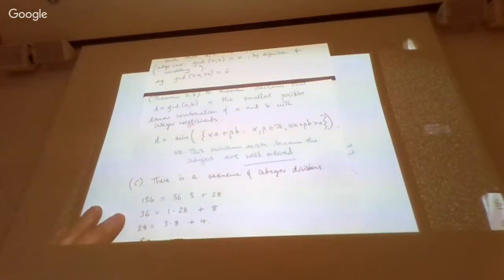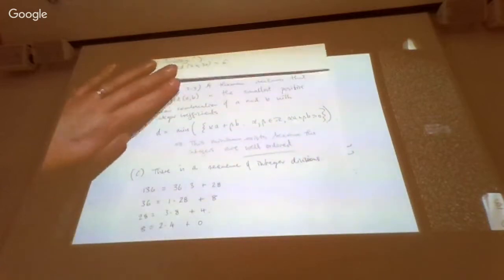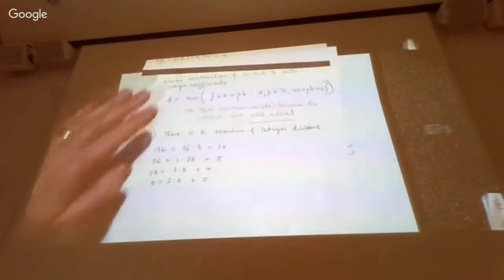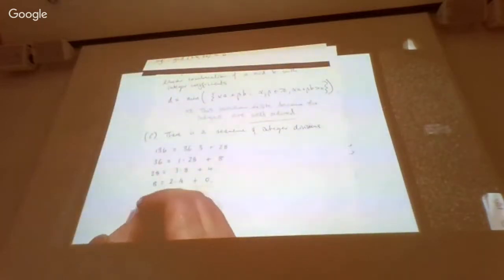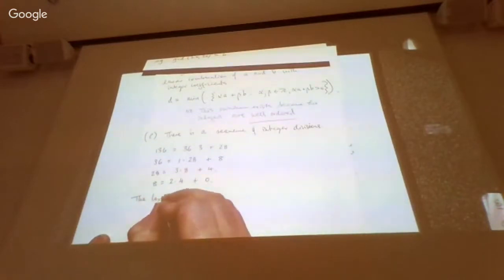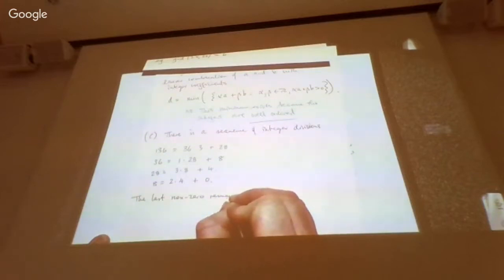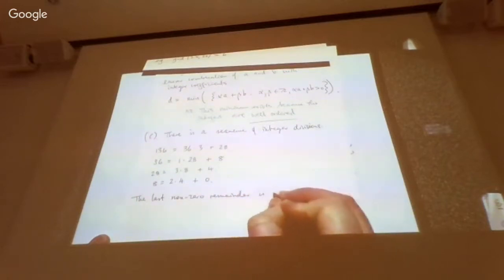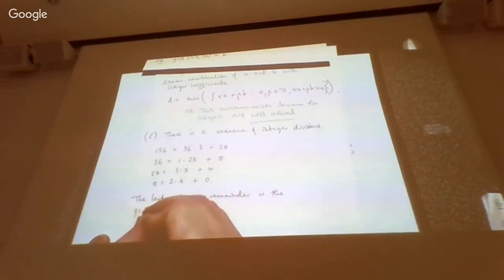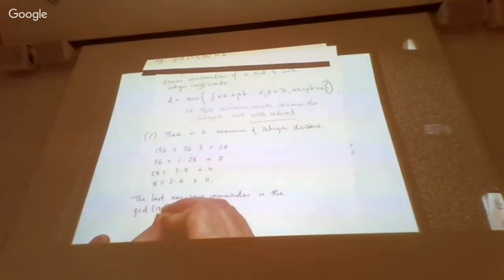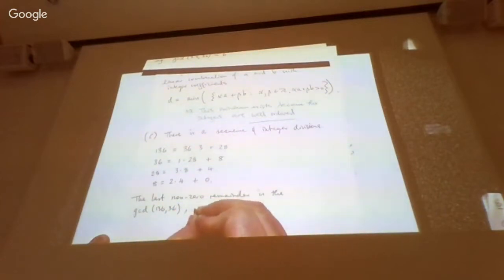Then you take your 8 and you attempt to divide it by 4, which you can do. 8 is 2 times 4 plus remainder 0. So let's say the last non-zero remainder is the GCD. The GCD of 126 and 36, i.e. 4.